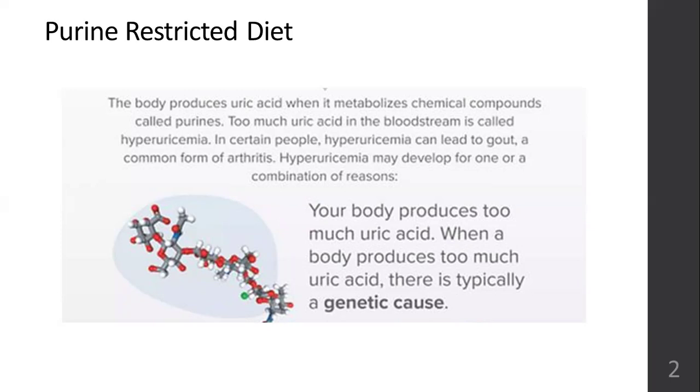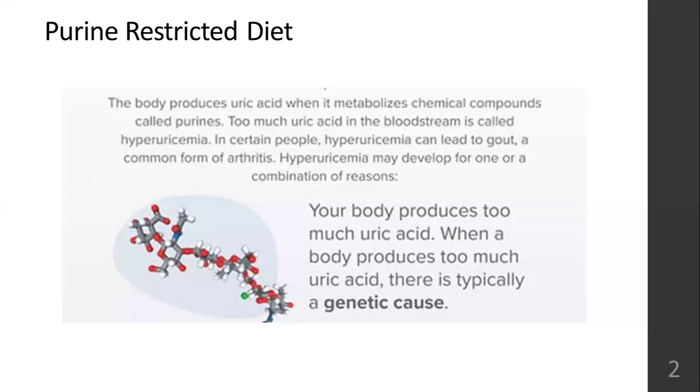If there is too much uric acid in the bloodstream, we call that condition hyperuricemia. They will produce a lot of purines in their body, and that could lead to a disease condition called gout.